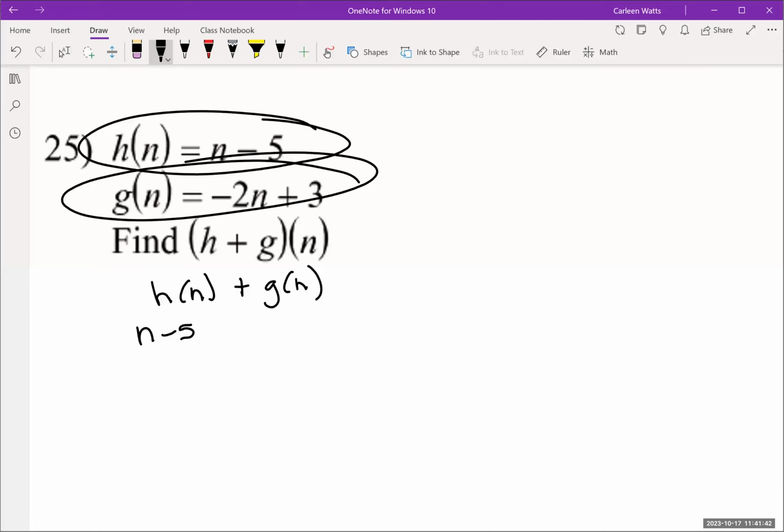G of N, put a plus sign in the middle, right? G of N, replace it with negative 2N plus 3. So combine like terms. N plus negative 2N is negative N. Negative 5 plus 3 is negative 2.